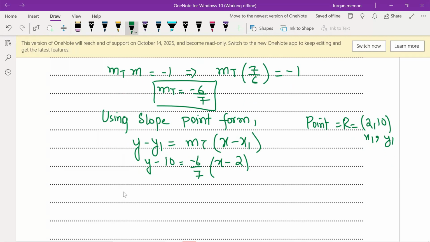When we solve it, we will have (y minus 10) times 7 after cross multiplication, equal to -6 times (x minus 2).